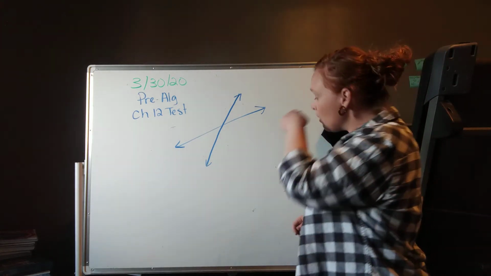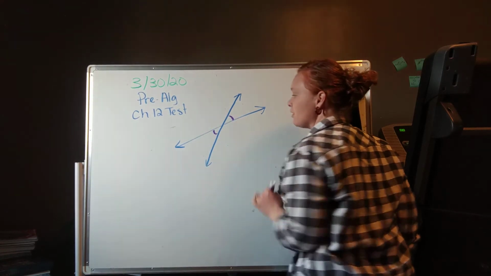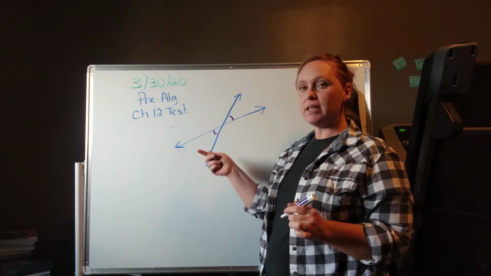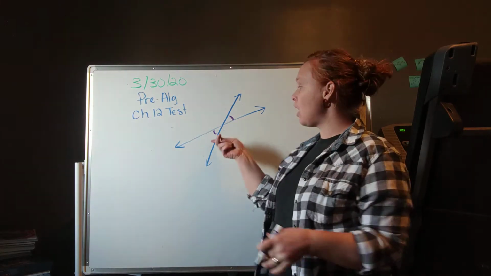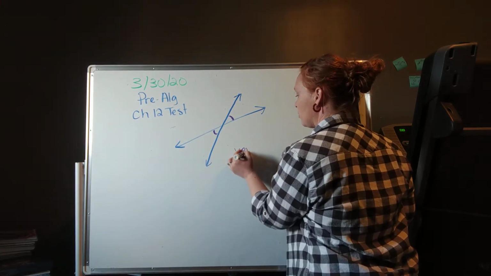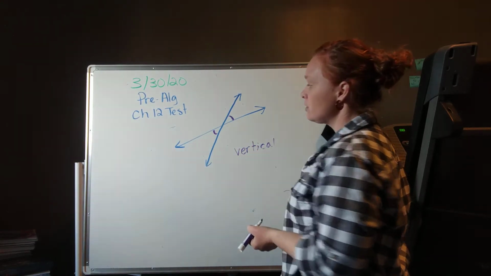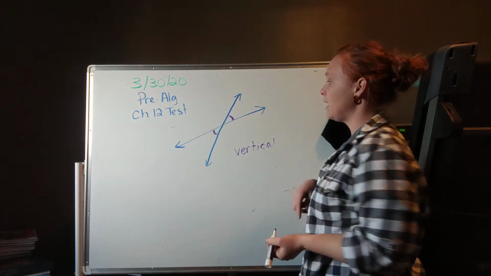Okay, so what I know about this one is that this angle will always equal the measure of this angle because they're opposite angles. When lines intersect, those opposite angles, or vertical, let's remember the vocabulary word, vertical angles will be equal. Okay, so this is something really cool that I can do.